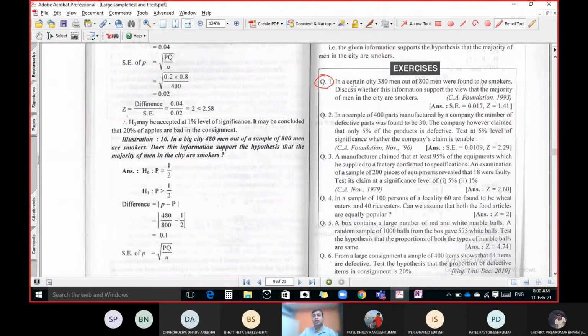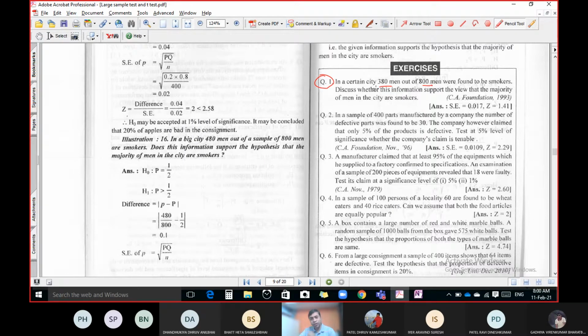The question is, in a certain city, 380 men out of 800 men were found to be smokers. So obviously, it is a sample study, because it is given that in a city, so obviously the population of the city should be much higher than this data.